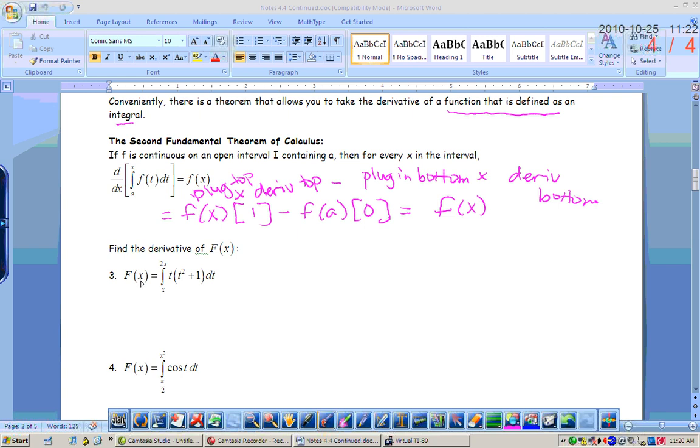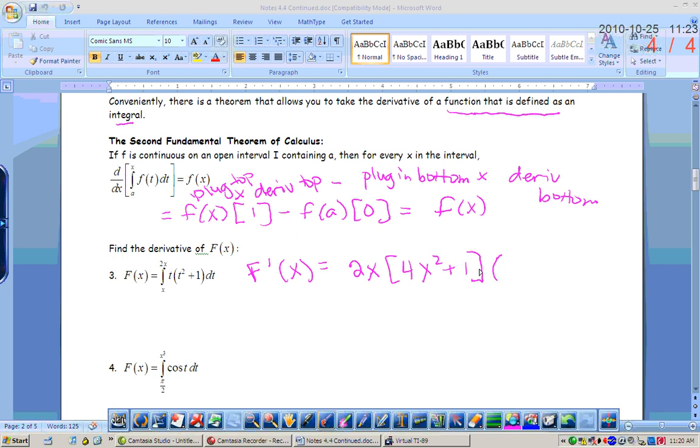All right, so if I want to find the derivative of capital F that's defined as an integral in number 3, then capital F prime of x is going to equal, I'm going to plug in the top limit for my variable. In this case, it's t. So it would be 2x, and then times, what would 2x the quantity squared be? 4x squared plus 1.